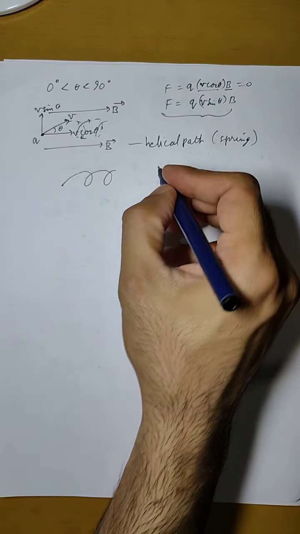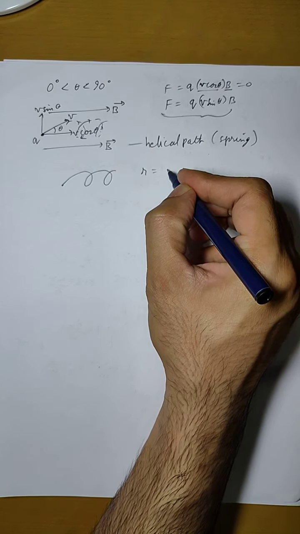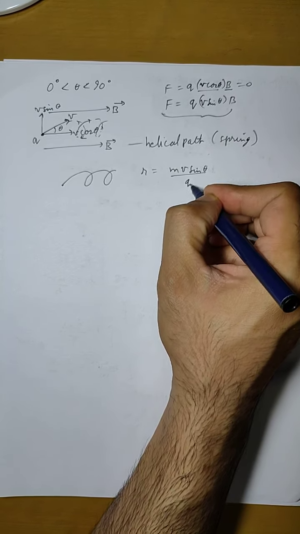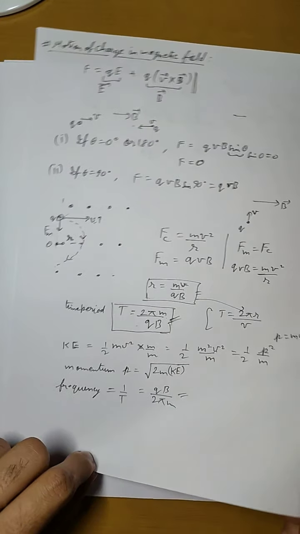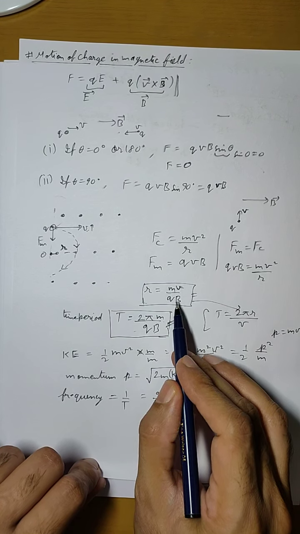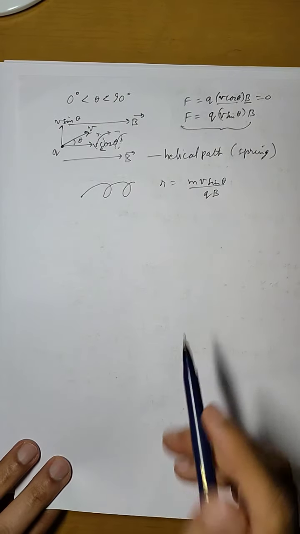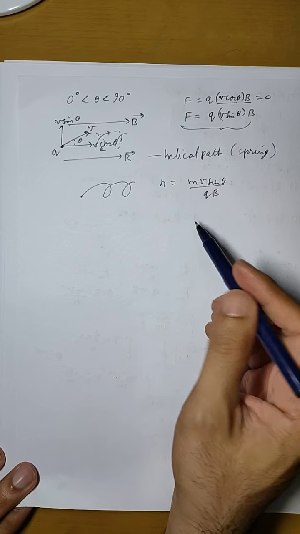Now there will be some radius of the helical path. It will be m v sin theta upon qB. We already studied the radius of path is mv upon qB. So instead of v here, in this case it is v sin theta. So now the radius of path is m v sin theta upon qB.